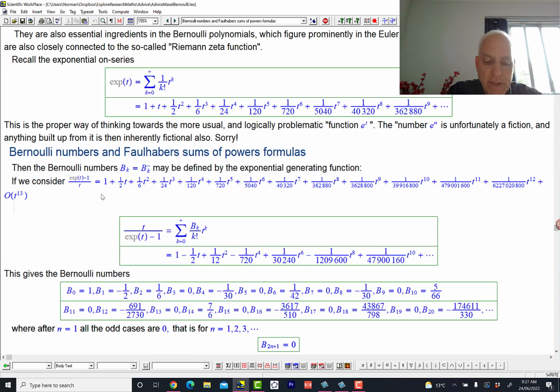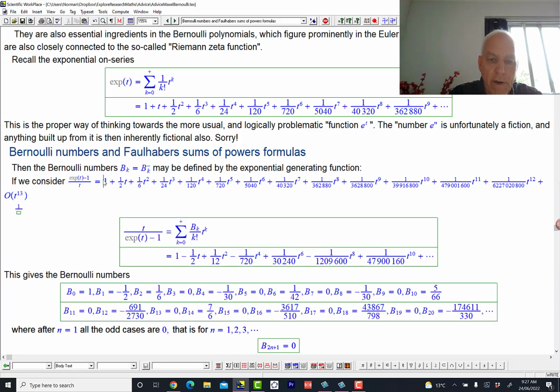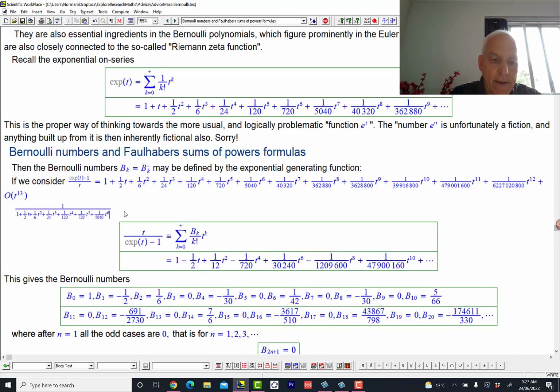So let me just do it naively. Suppose we take 1 over this and I'm just going to grab, say, 6 of these terms, and think about that as another series.